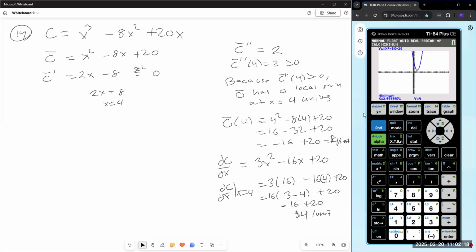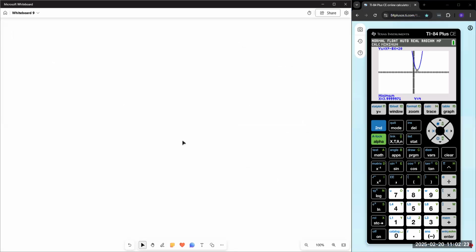Let's look at number 15. Fifteen asks us now to maximize profit, and it gives us a demand equation P equals 80 minus 0.2x, and gives us a cost equation of 30x plus 40.